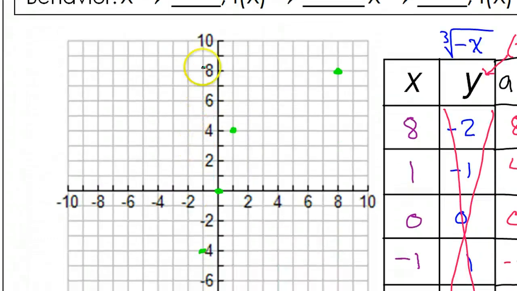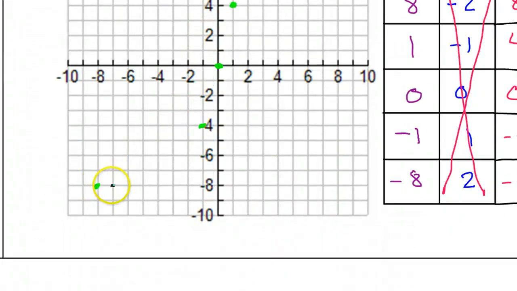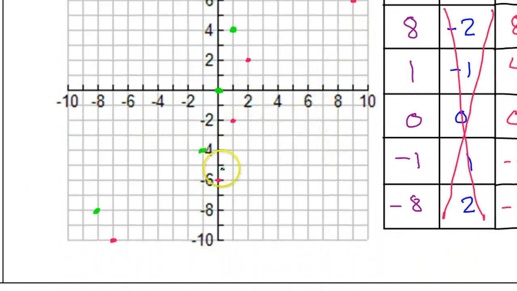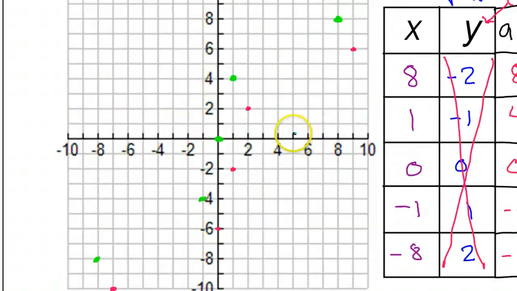So let's take each one of these points and move right 1, down 2. Right 1, down 2. Right 1, down 2. Right 1, down 2. And right 1, down 2. So these are the true values that we need to graph.